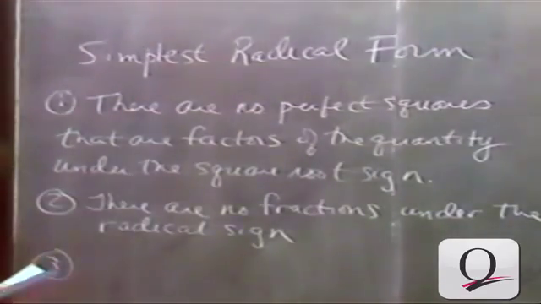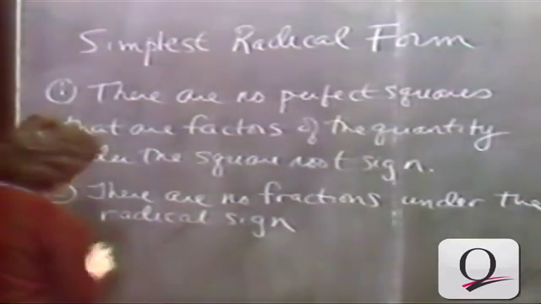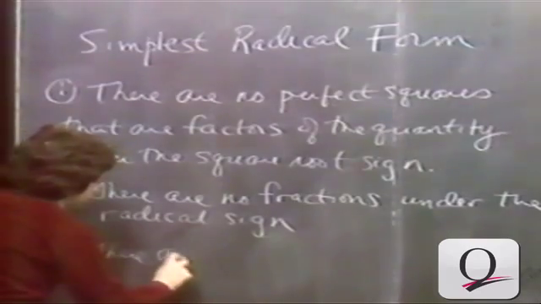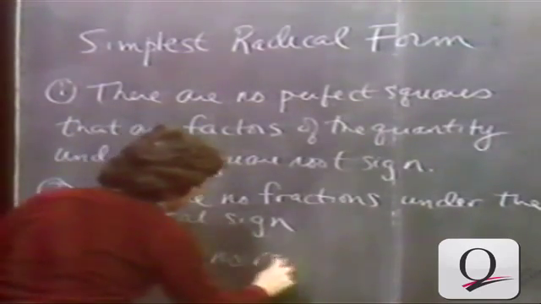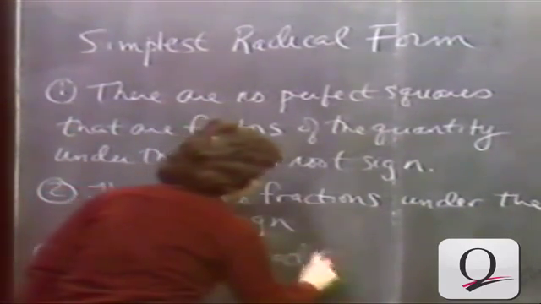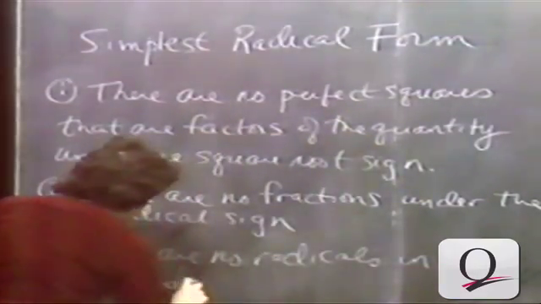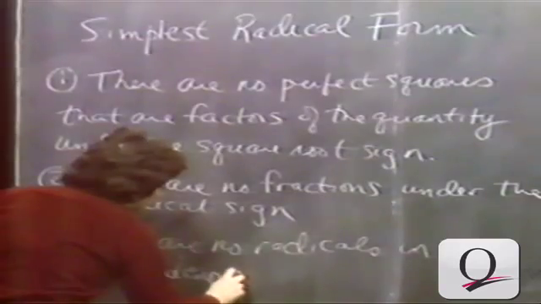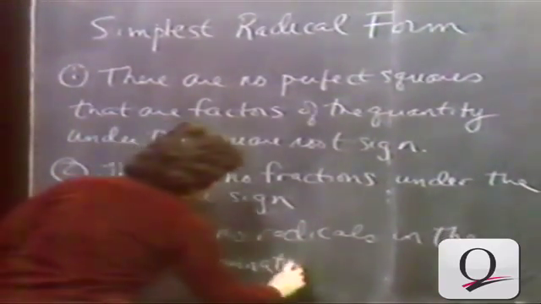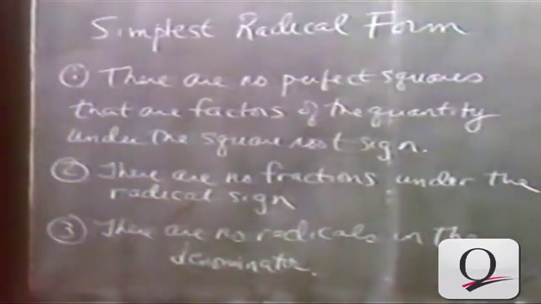And finally, there are no radicals in the denominator. These are the three characteristics of a radical that is in simplest form.